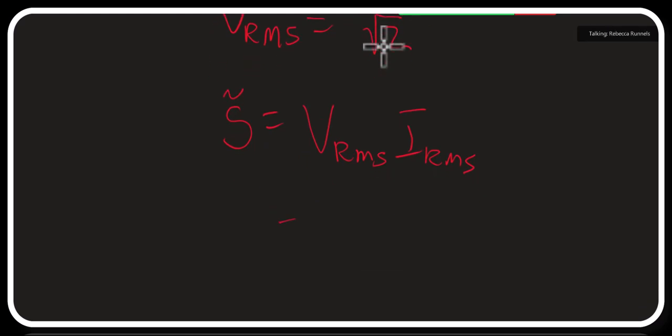But if I take my peak instead of my RMS, that's V over the square root of 2 times I over the square root of 2. And square root of 2 times the square root of 2 is 2, so that's 1/2 VI. So if you're using peak instead of RMS, then you have to remember either the square root of 2 or the 2. You always have to pay attention to whether you're using peak or RMS.